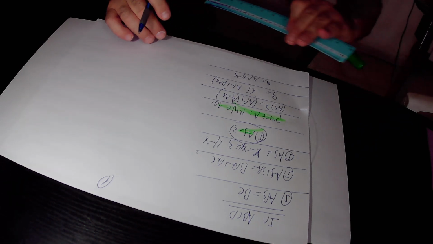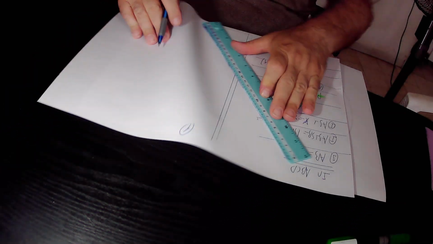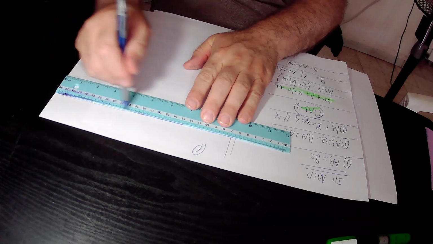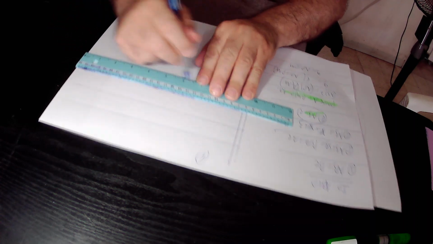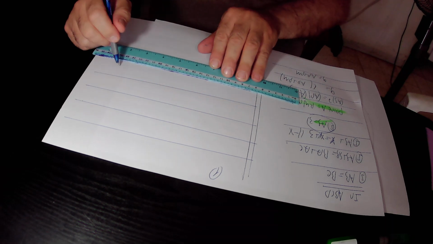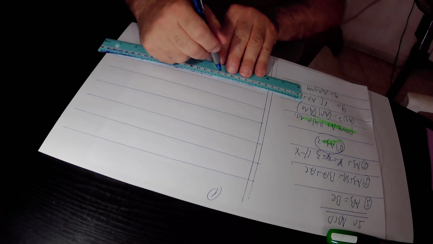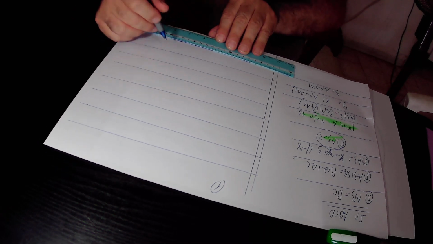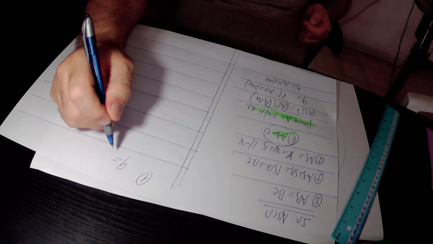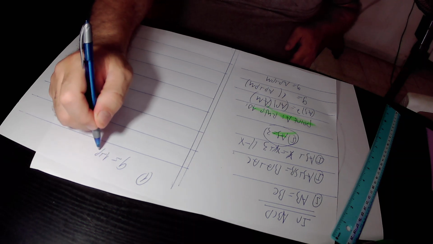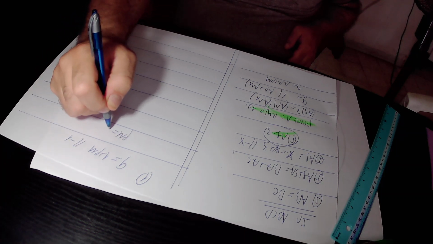So 9 equals AP. AP is 1, plus PM. Here we subtract 1 from this equation and you get that PM equals 9 minus 1, that is 8.